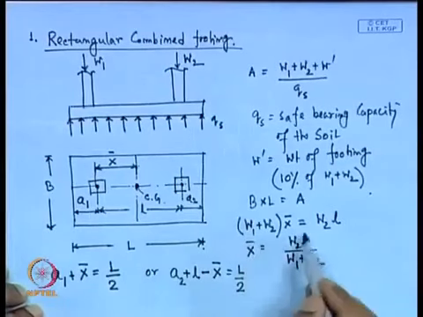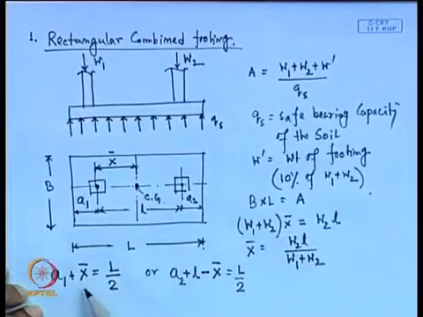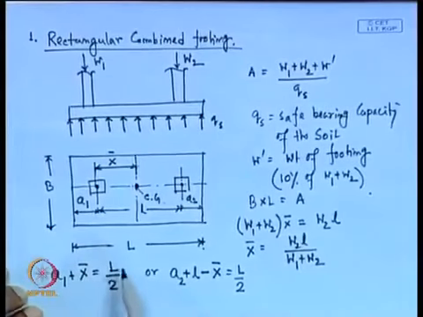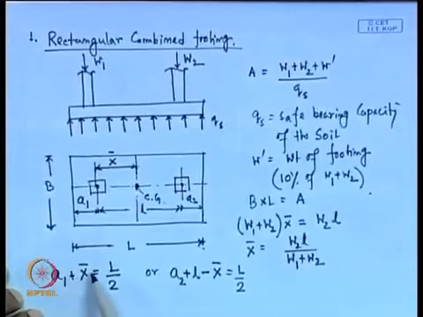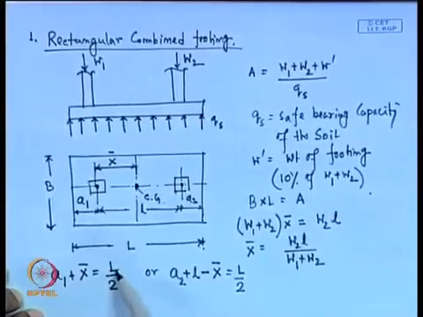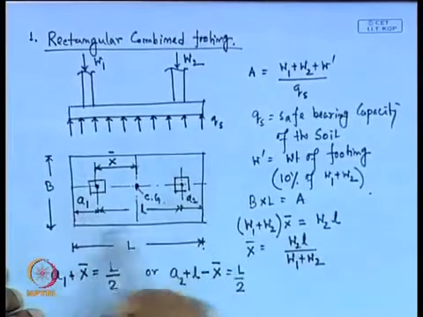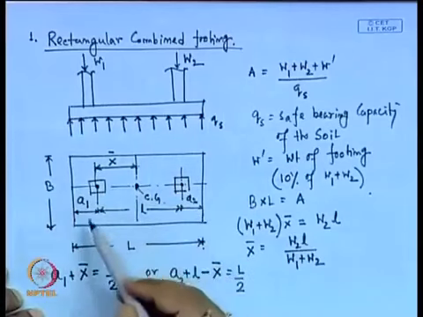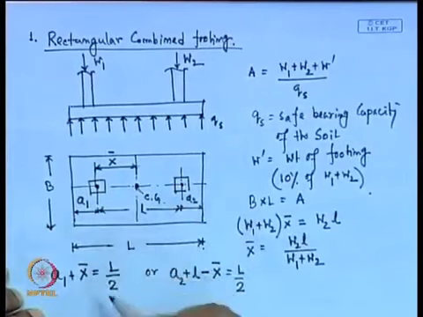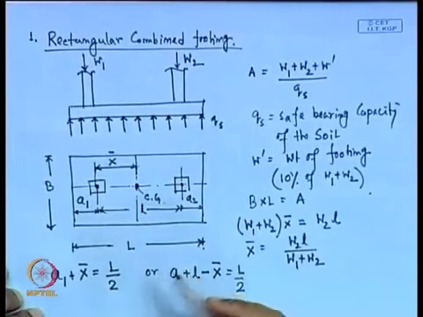So first we calculate x bar by this expression, and then capital L and A1 are both unknown. If I assume one value of A1, then x bar is known, and we can calculate the L value. Similarly, we can calculate the A2 value also. By using these expressions, we can determine the dimensions of the total footing, A1, A2, B and L, according to our design requirement.